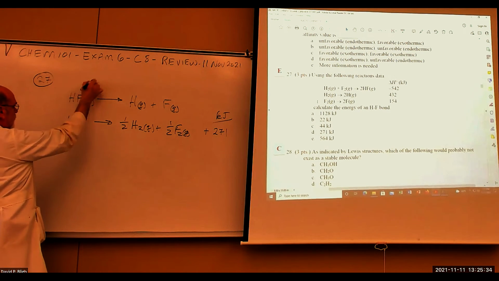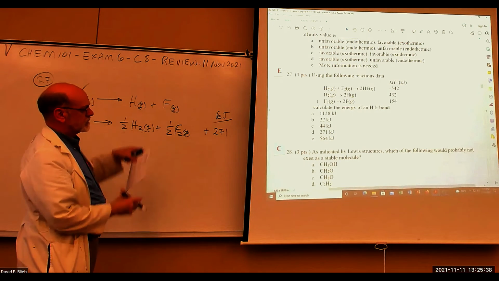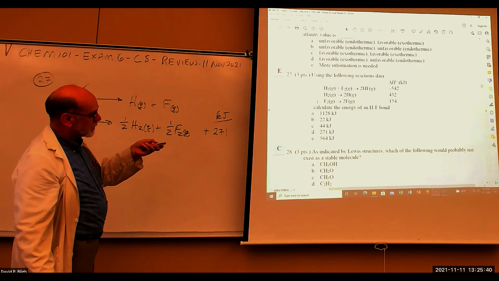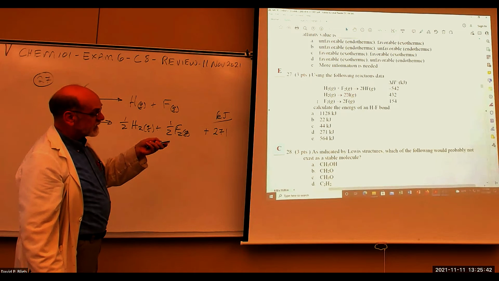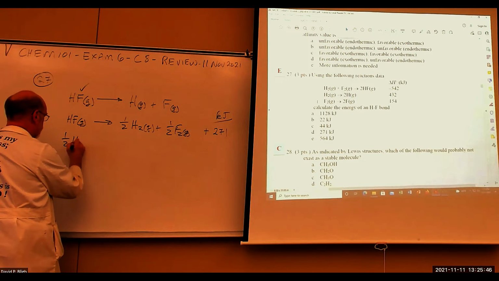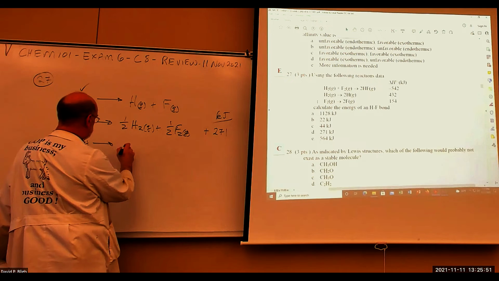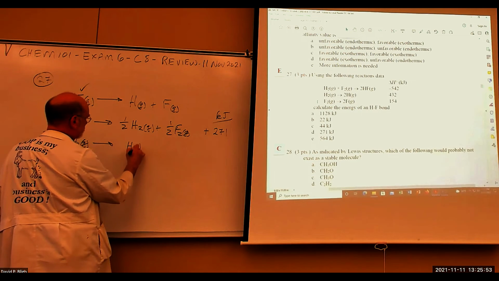So we got this one taken care of. Now we need H. So this is on the correct side, but we only need half of it. So we need 1/2 H2 on this side yields H on this side.